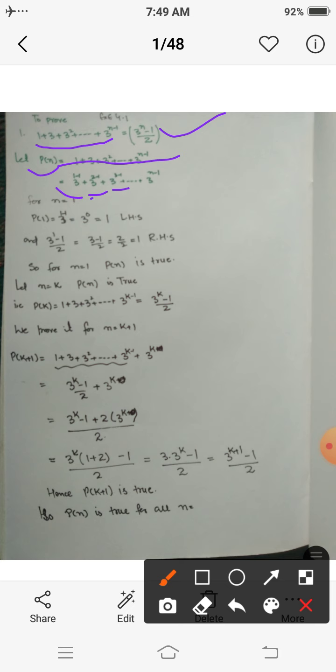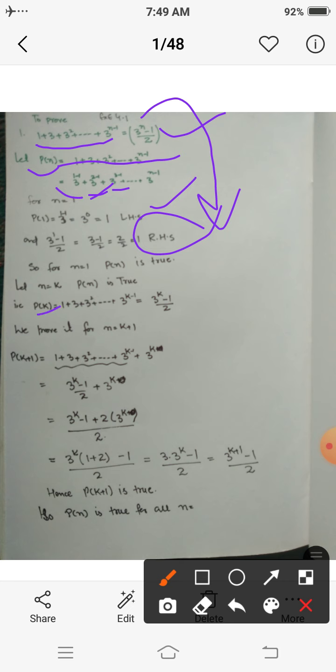Now for n equals 1, P(1) becomes 3^(1-1), that is 3^0, which is simply 1, and the RHS of this is also 1, because if we put n equals 1, (3^1 minus 1) upon 2 is 2 upon 2, that is simply 1. So this means that for the smallest value, P(n) is true. Now assume that this statement is true for n equals k.